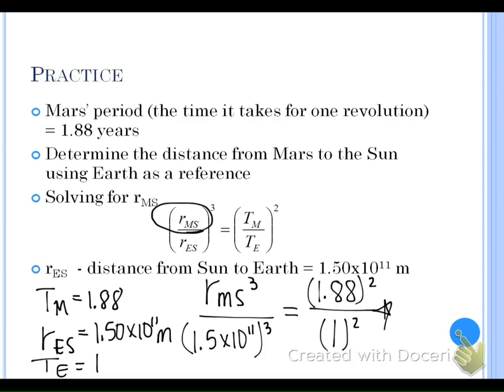So the whole right side of the equation should be 1.88 squared divided by 1, which is 3.53. So that's going to equal radius ms cubed over, and what's this cubed? 1.5 times 10 to the 11th cubed. Tell me what the value for that is. 3.38 times 10 to the 33rd.